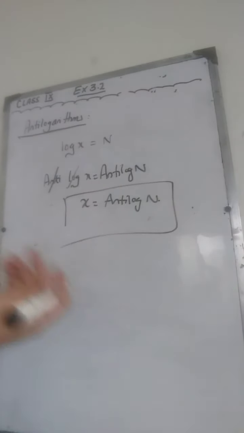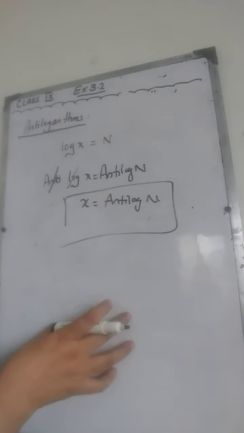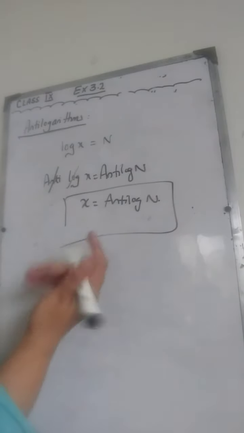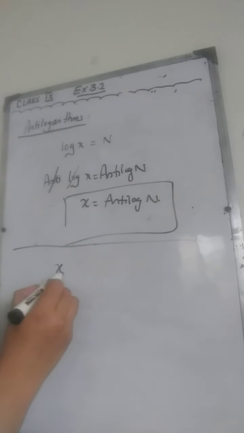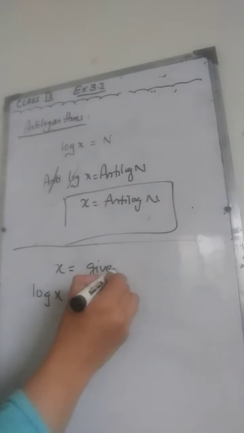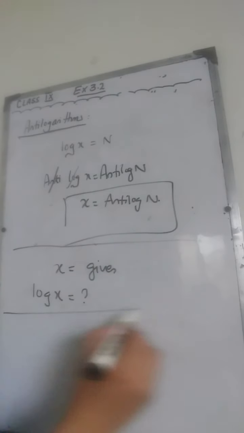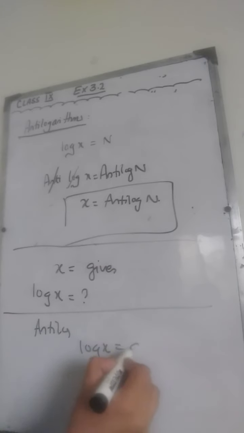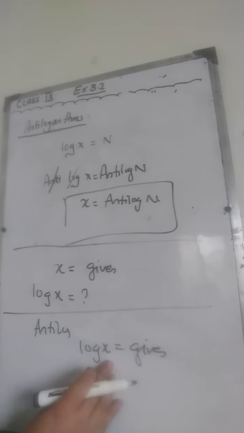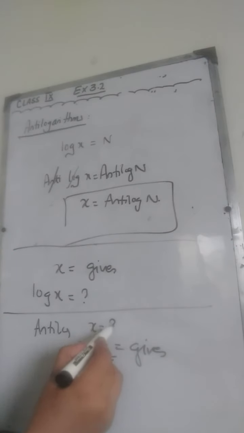So in antilog what we actually do, we are given the log and we want to find the number whose log is given to us. It is just the reverse procedure of log. In logarithms we had the number and we used to find the log of that number. Now in antilog, the log of x is given to us, and we will have to find the number, which will be missing.